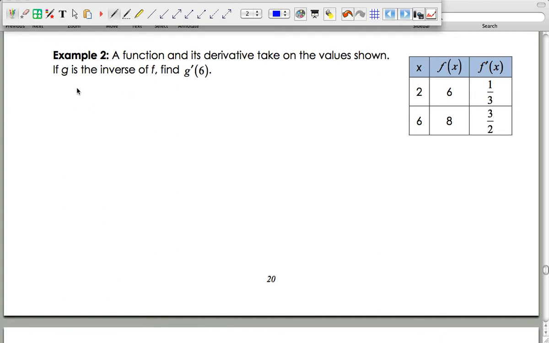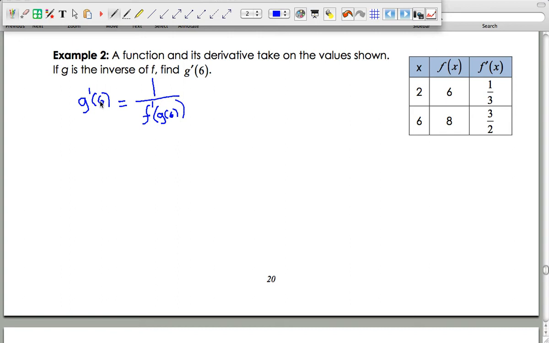Let's apply our rule. The derivative of the inverse function, g is already the inverse function, at a certain value, in this case 6, is nothing but the reciprocal, 1 over the derivative of f, assessed at the inverse function at 6.